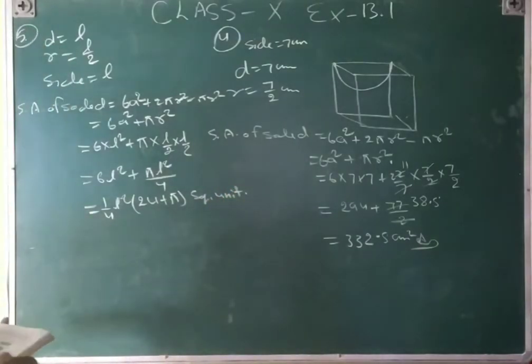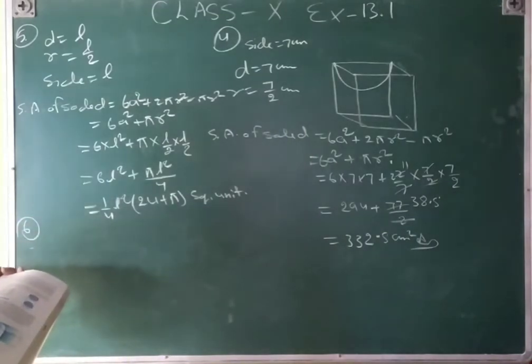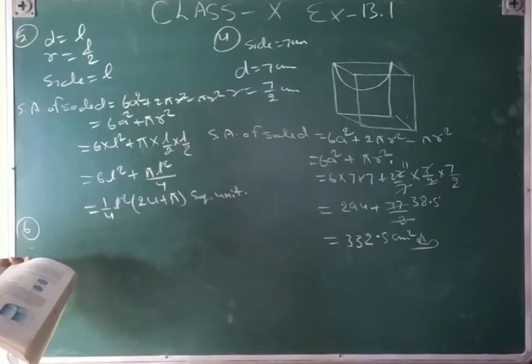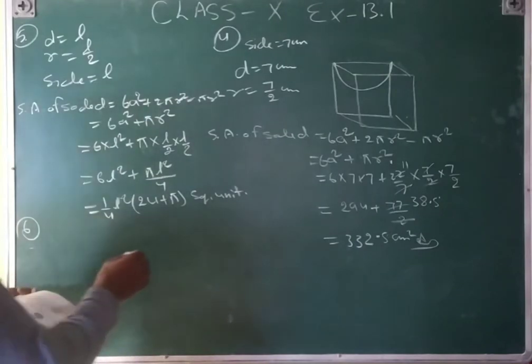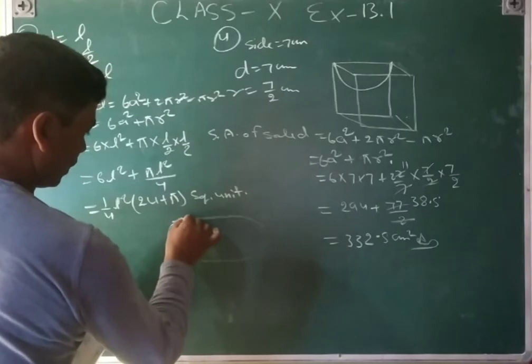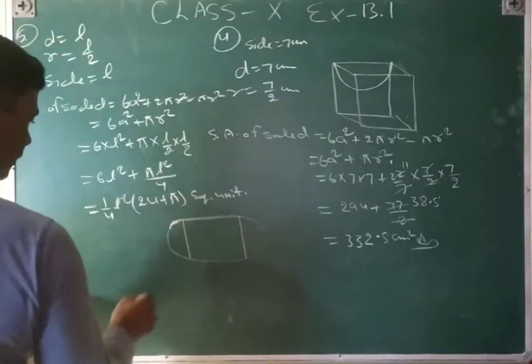Question number 6. A medicine capsule is in the shape of a cylinder with 2 hemispheres stuck to each of its ends. The length of the entire capsule is 14 mm and the diameter of the capsule is 5 mm. Find the surface area. First of all we will see the diagram. This is a capsule, this is a hemispherical part.